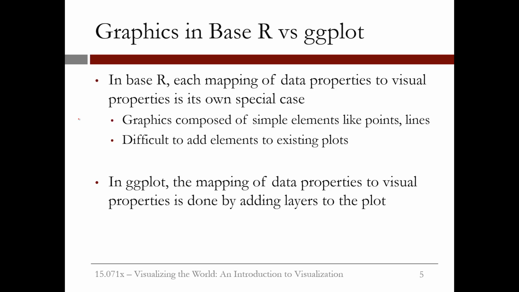Additionally, the graphics are composed of simple elements like points or lines. It's challenging to create any sophisticated visualizations. It's also difficult to add elements to existing plots. But in ggplot, the mapping of data properties to visual properties is done by just adding layers to the plot. This makes it much easier to create sophisticated plots and to add to existing plots.